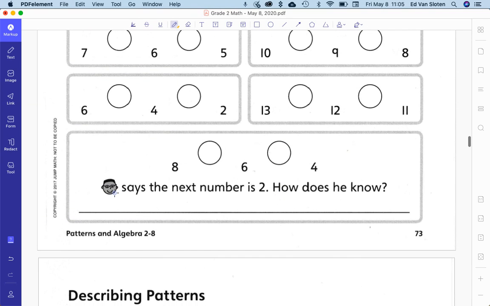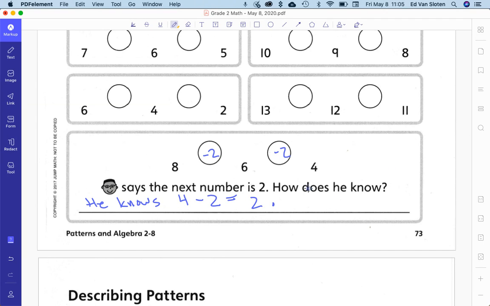All right, let's see what this fellow is saying. It says the next number is 2. How does he know? Well, he knows 4 minus 2 equals 2.